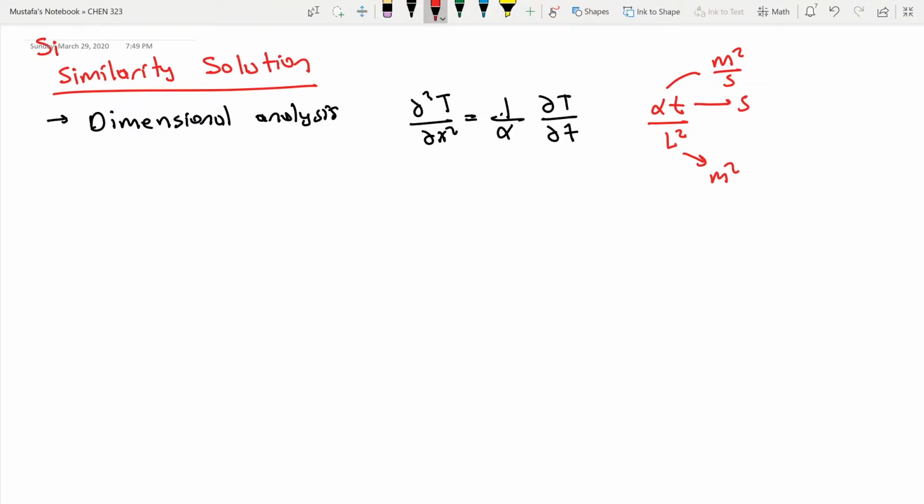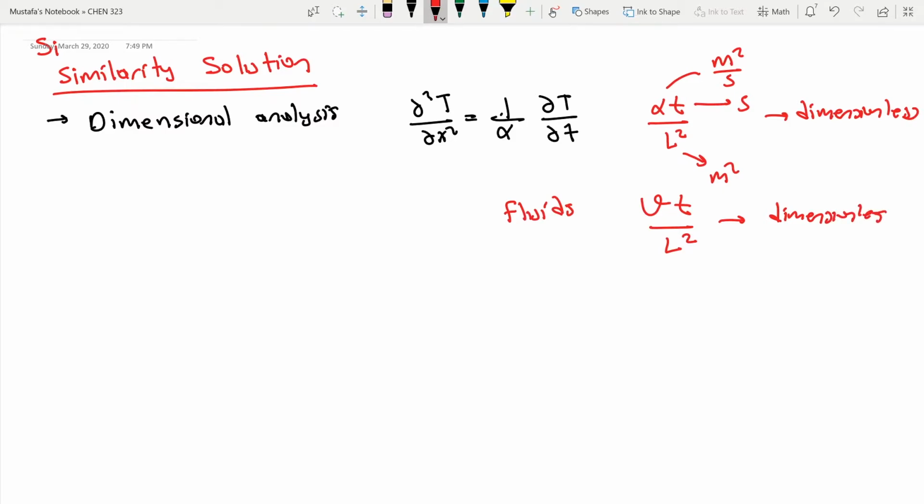Likewise, if you do it in fluids, we have nu, the kinematic viscosity, times t over L squared. This is another dimensionless number.